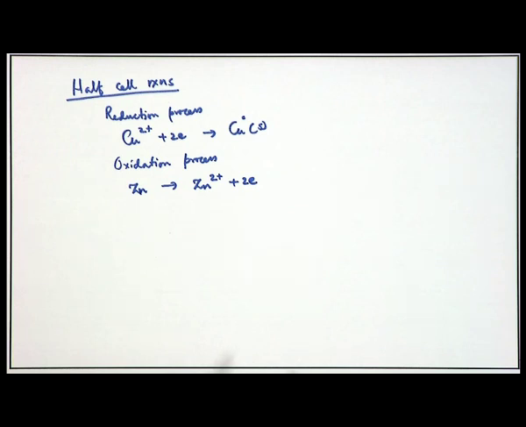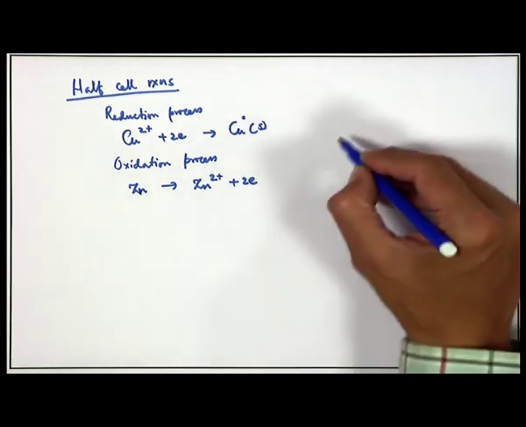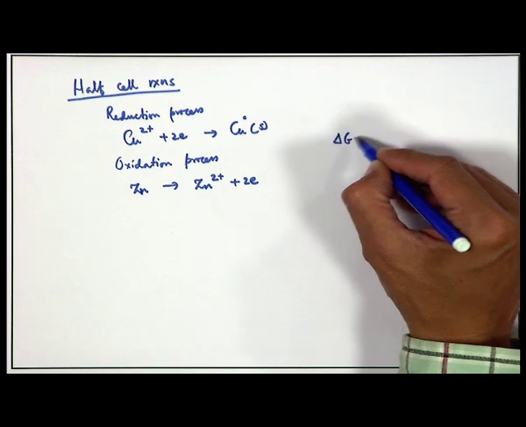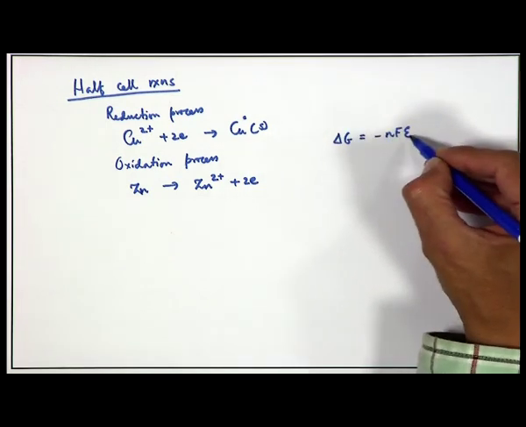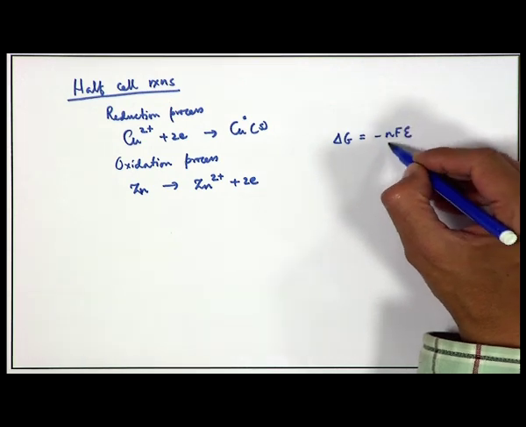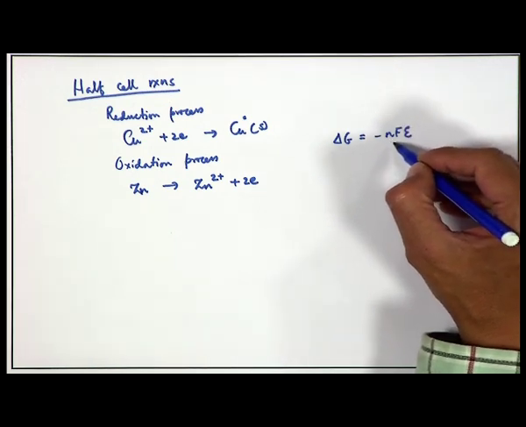When these two half cells are combined, the Gibbs free energy for the spontaneous redox reaction will be converted to electrical energy, and this change in Gibbs free energy, delta G, is nothing but nFE, where E is the cell potential, F is Faraday, and n is the number of electrons transferred.